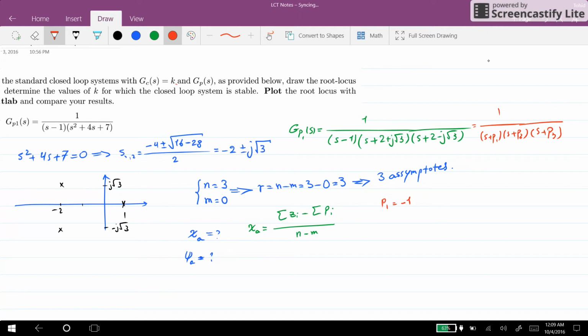So we have p1 equal to -1, p2 equal to 2 plus j square root of 3, and p3 equal to 2 minus j square root of 3.